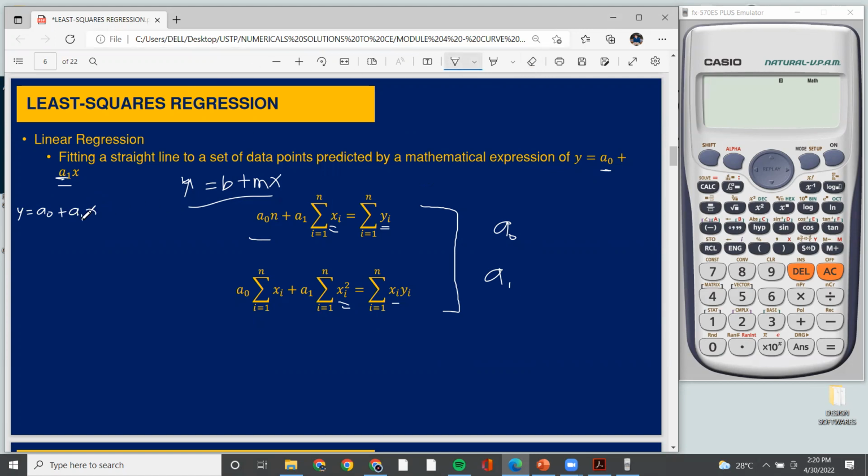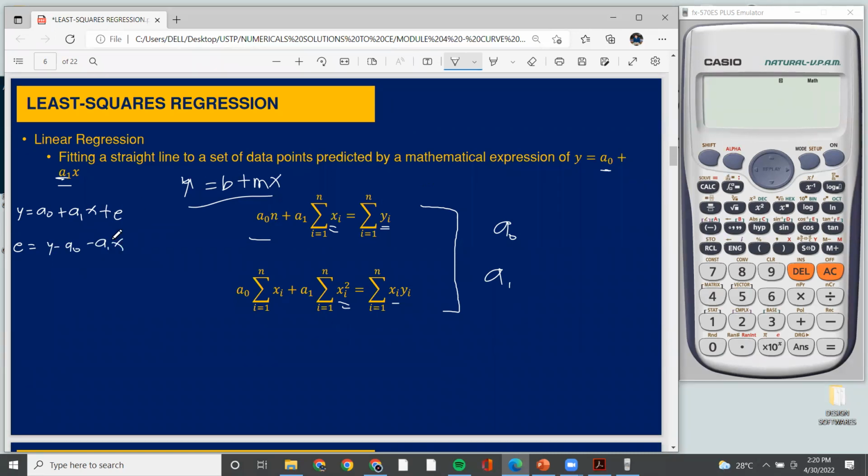Now, kani siya nga equation, gina-consider nga error. So if zero na to na siya error, pasabot na correct na nato ang equation.